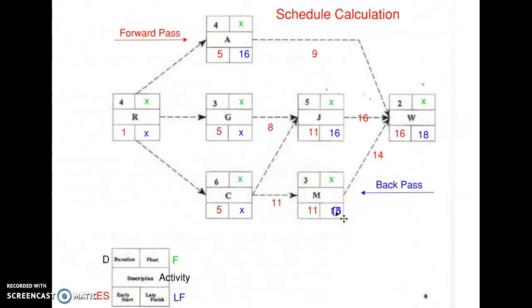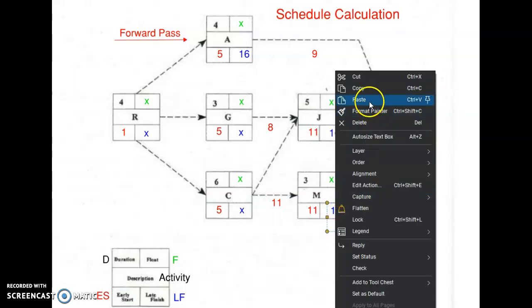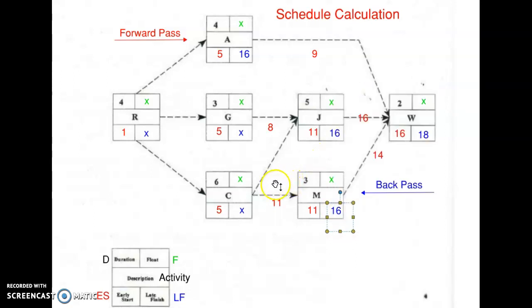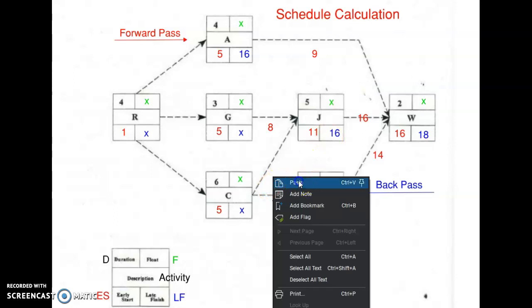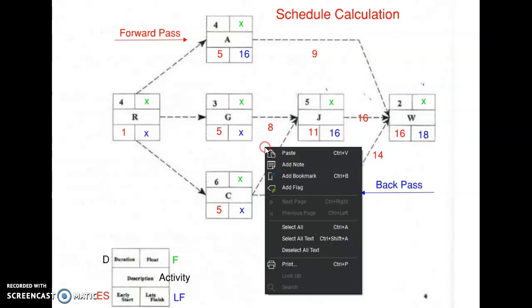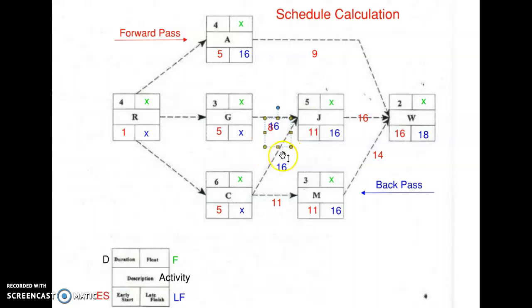I'm just going to copy this number. Copy. Paste. And then paste. Move it down. We'll move this one out of the way as well. So this one should be 13.